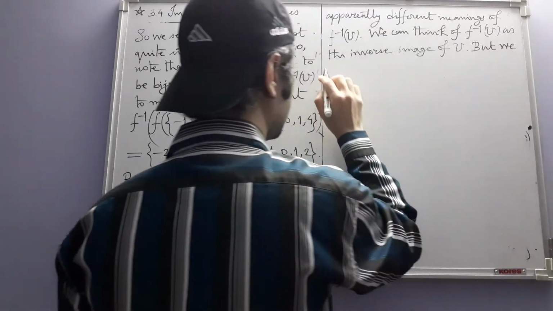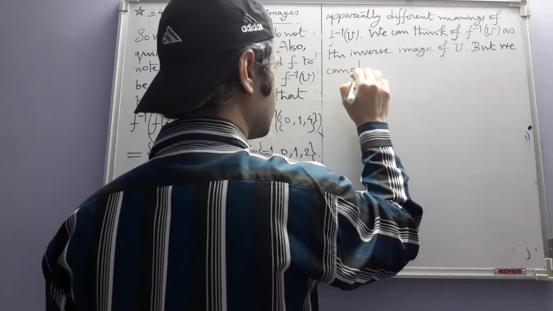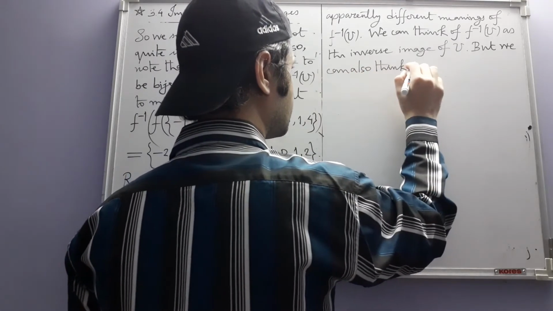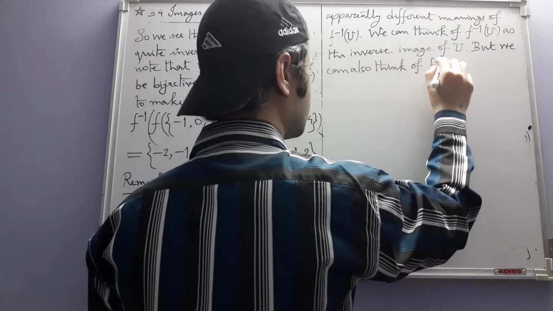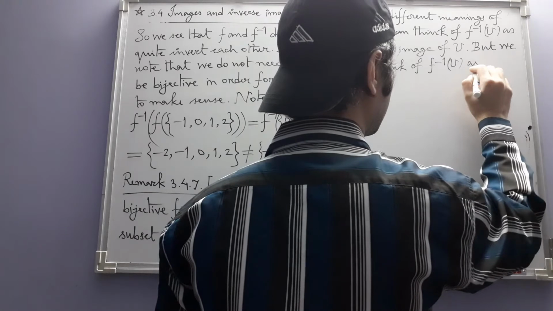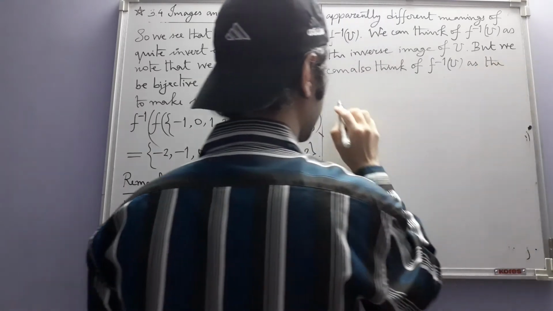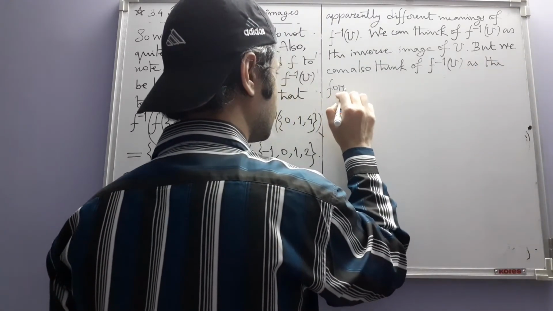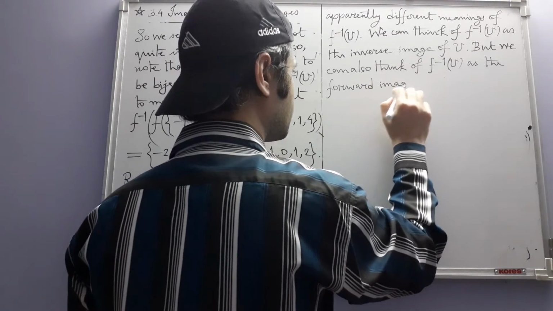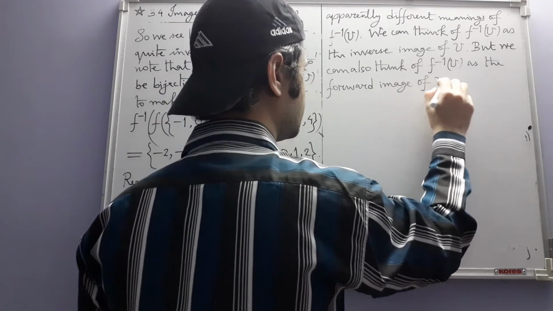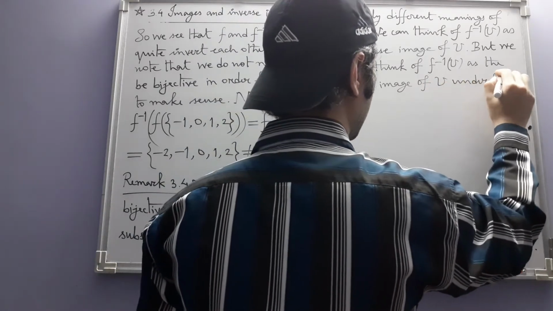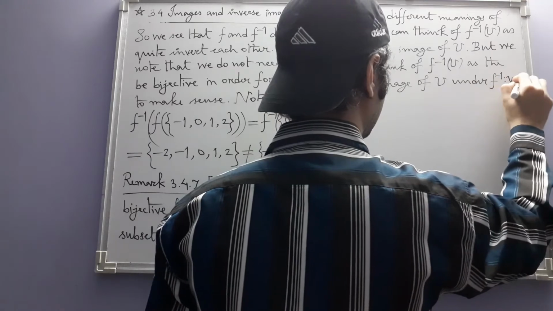But we can also think of F inverse U as the forward image of U under F inverse.